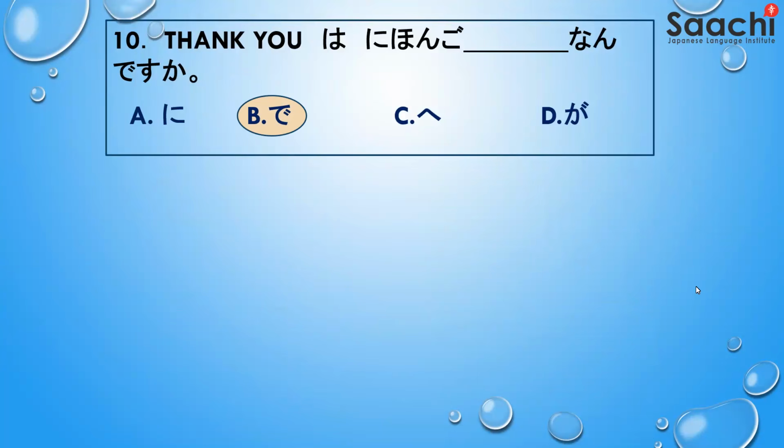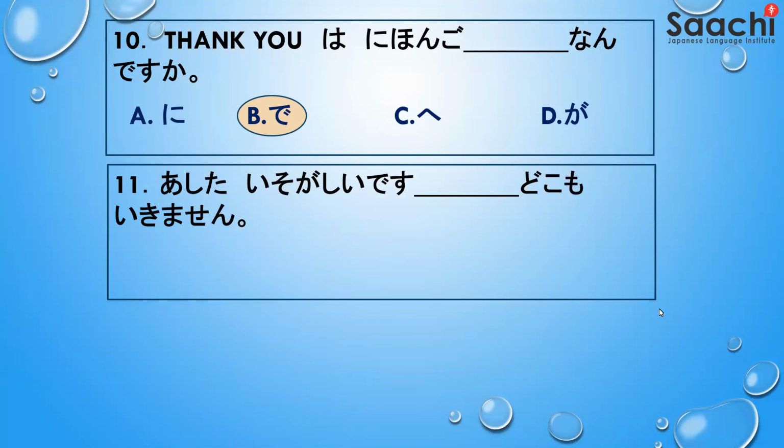The particle is で. さよならは英語で何ですか？Similar to this. 明日忙しいです。どこも行きません。からとまでも。So the answer is から。Here, から is because you're giving a reason.